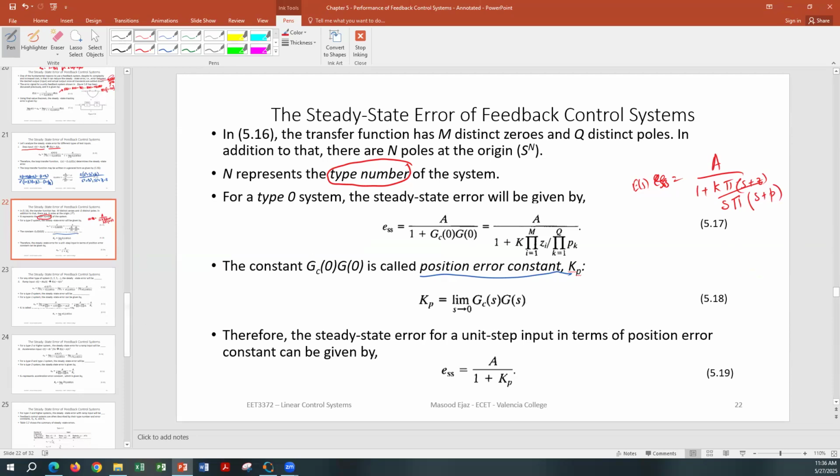So if you have a type 1, type 2 or type 3 system, what do you expect your output to be? What do you think?